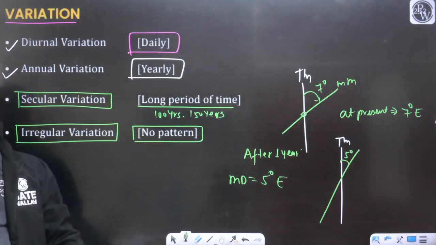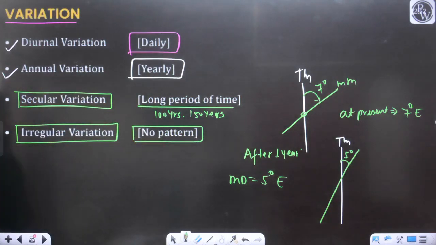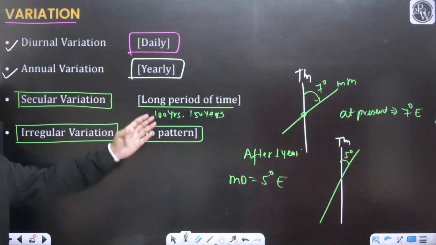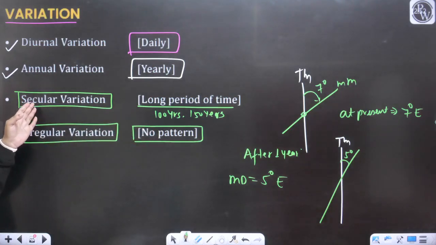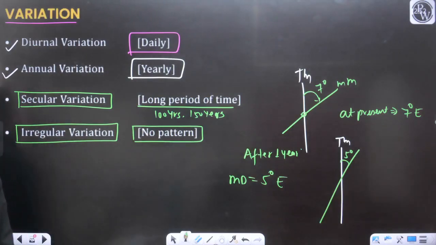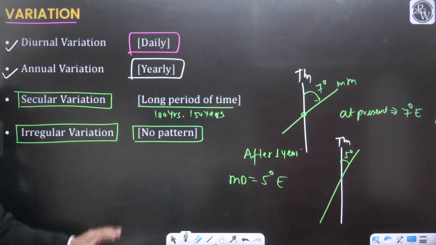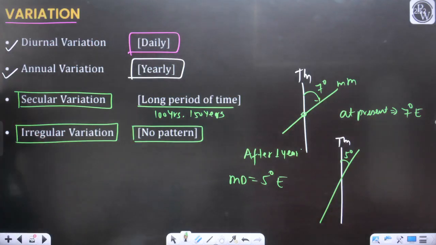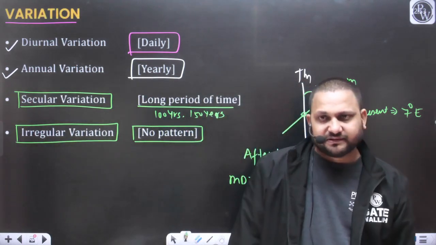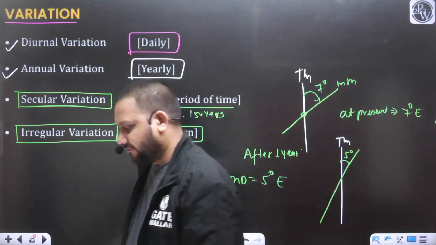Over a long period of time, like in 100 years or 150 years, these variations we term as the secular variation. Without any pattern, if there is a sudden change, that variation is considered as the irregular variation.